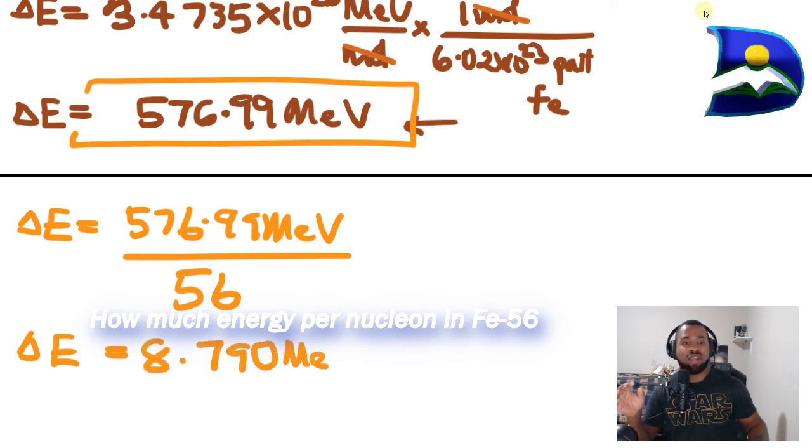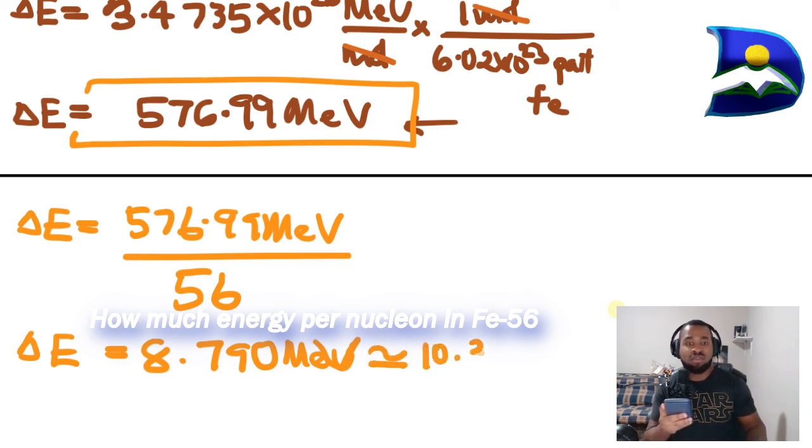8.790 mega electron volts. But if you check a calculator using that same number, we are going to have roughly 10.30. So it's going to be between around 8.790 to around 10.303 mega electron volts.